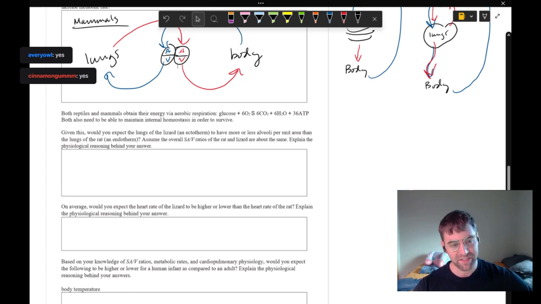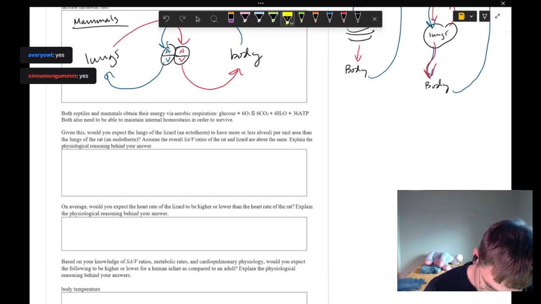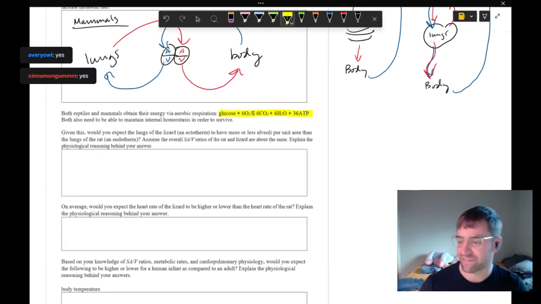Both reptiles and mammals obtain their energy via aerobic respiration. I'm going to highlight this because this is a formula that you will see often in your science education. It behooves you to recognize it.